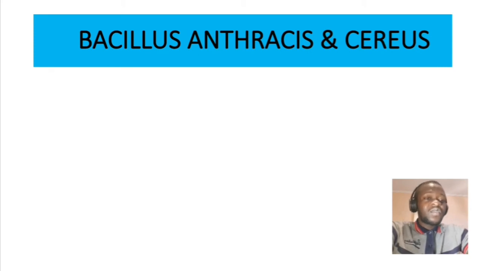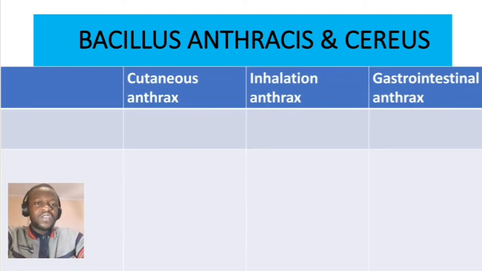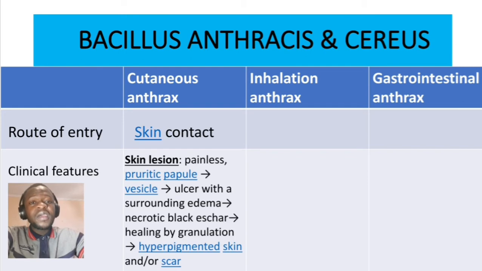In terms of clinical presentation, we will divide anthrax into about three forms: cutaneous anthrax, inhalation anthrax, and gastrointestinal anthrax. We are going to talk about each classification, the route of entry and the clinical presentation. The route of entry for cutaneous anthrax is skin contact. Clinically, it's basically a skin lesion.